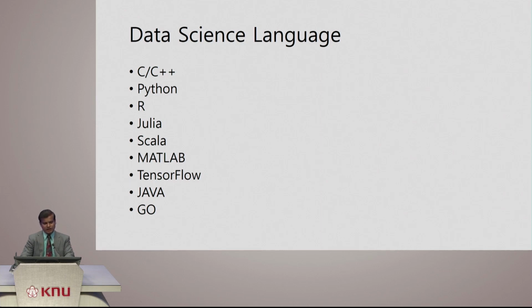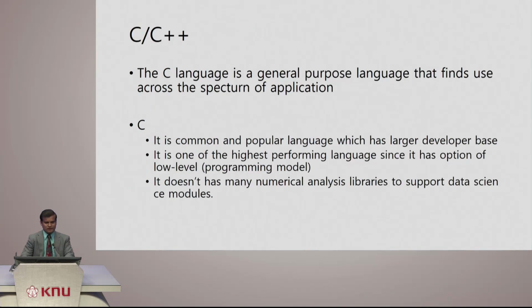Let's begin with C and C++. Probably if you are a computer science student, you might have come across this language when you learned data structures. Probably these days some schools have changed to Python in their second years.